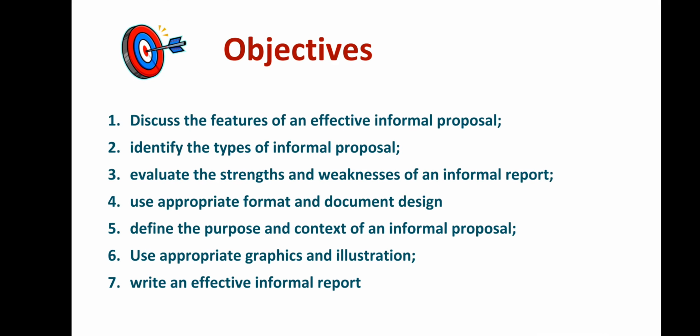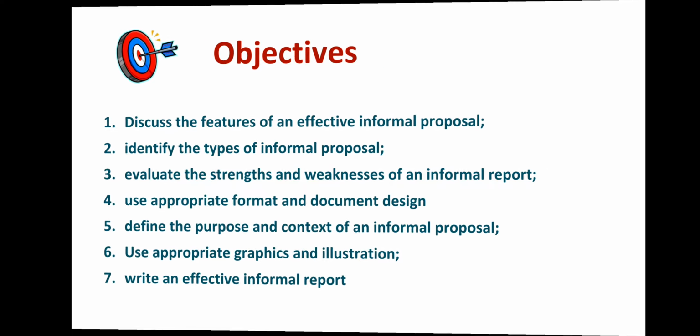So for proposals, class, our objectives are to discuss the features of an effective informal proposal, identify the types of informal proposals, evaluate the strengths and weaknesses of an informal report, use appropriate format and document design, define the purpose and context of an informal proposal, use appropriate graphics and illustrations, write an effective informal report. But I won't be giving another activity for this anymore.